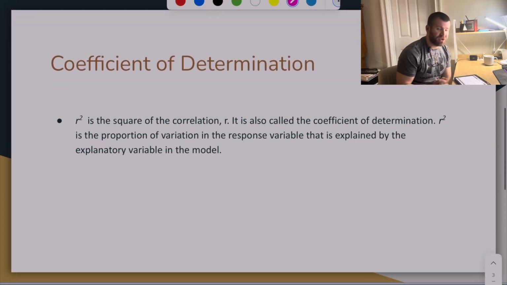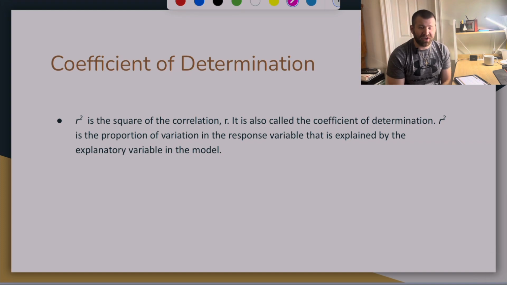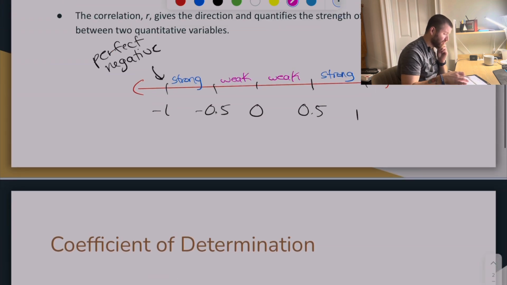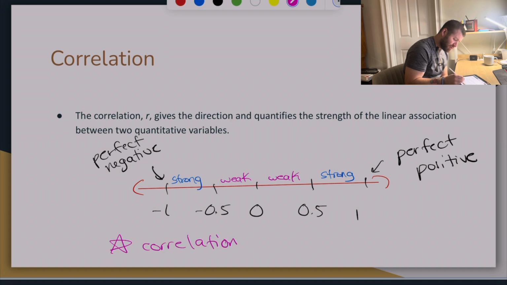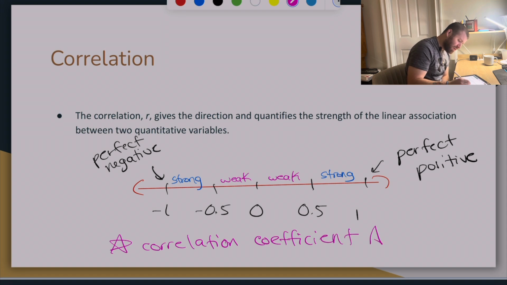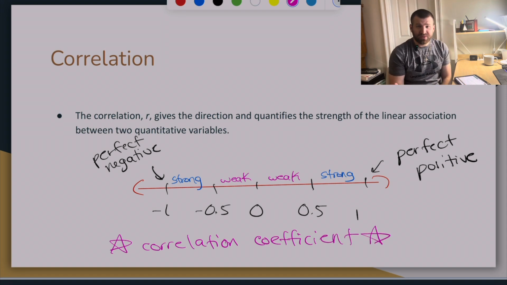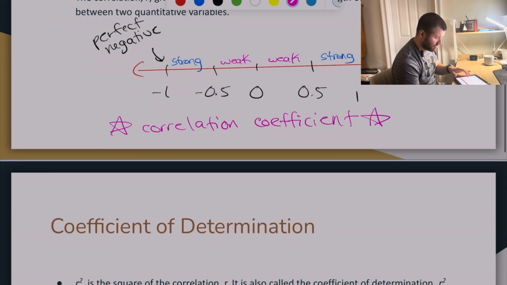Now, the coefficient of determination is when we take R and we square it. One thing that's also important here, R is also called the correlation coefficient. This vocab is important because sometimes they'll ask you to interpret the correlation coefficient, and sometimes they'll just ask you to interpret R. So we need to know both terms to get the question right.